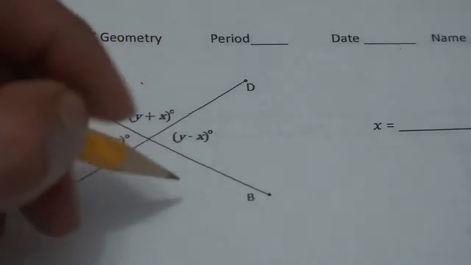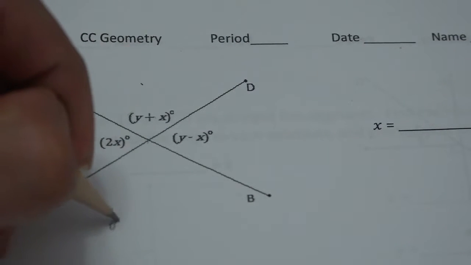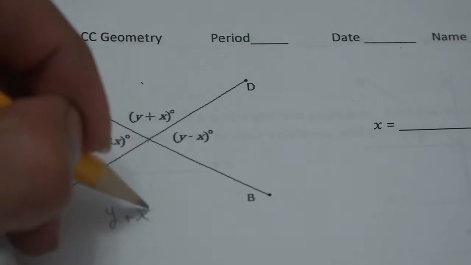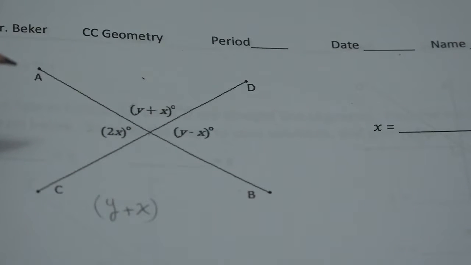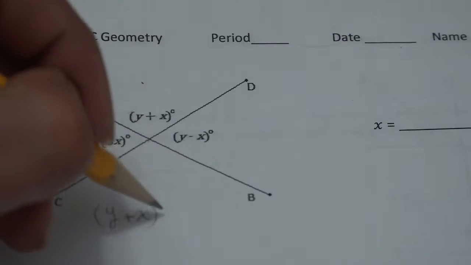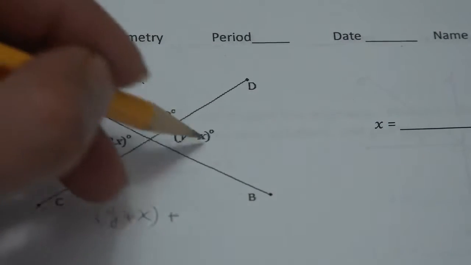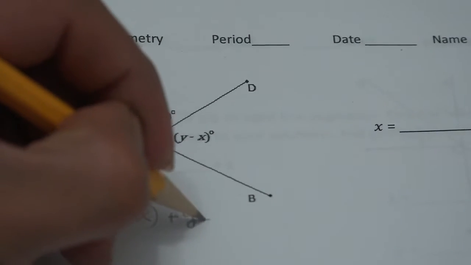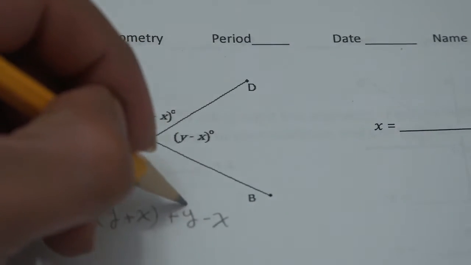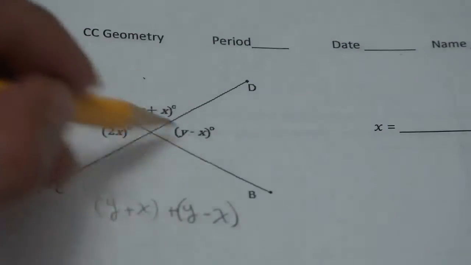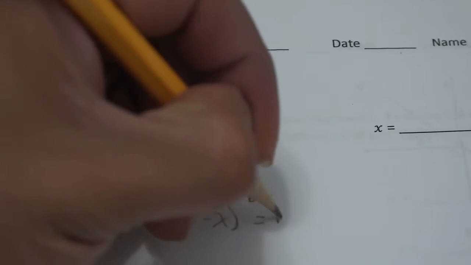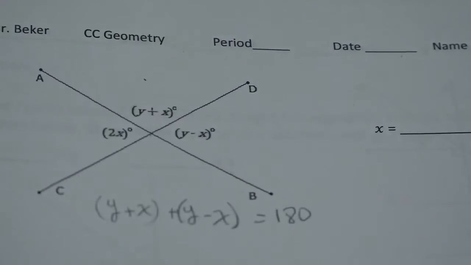So y plus x, and plus y minus x, add up to 180 degrees.